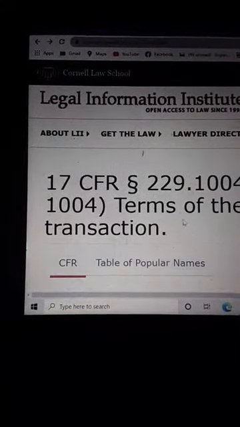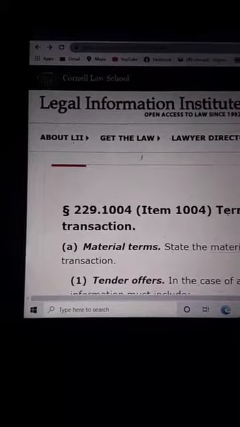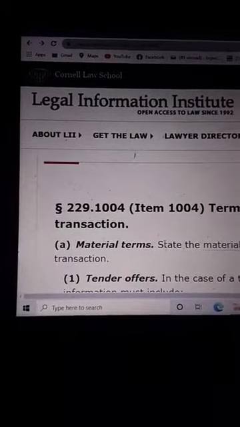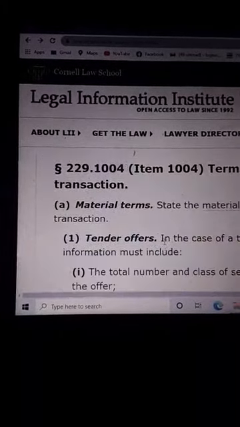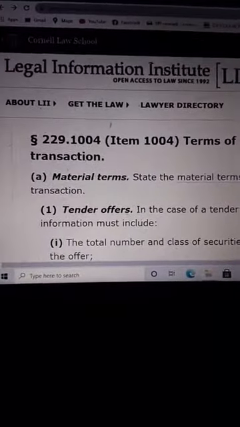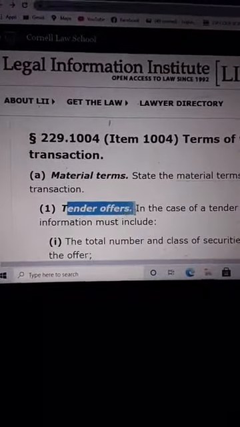Terms of the transaction. Material terms. Tender offers.